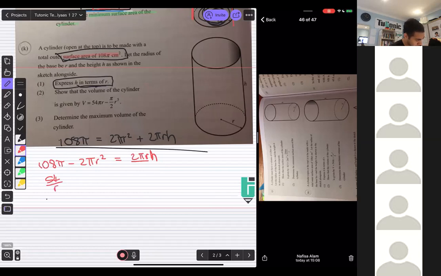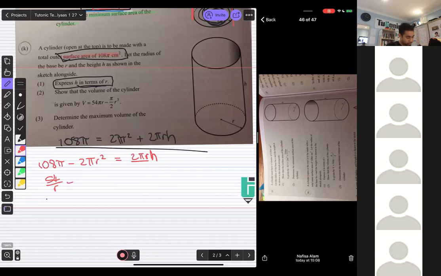Did we make a mistake here? 108 minus 2 pi r squared over 2 pi r equals h. Okay, yeah. So 54 over r, and then you divide this one as well, right?